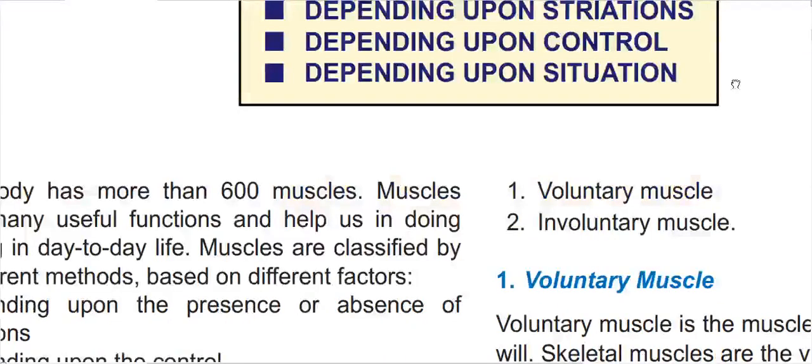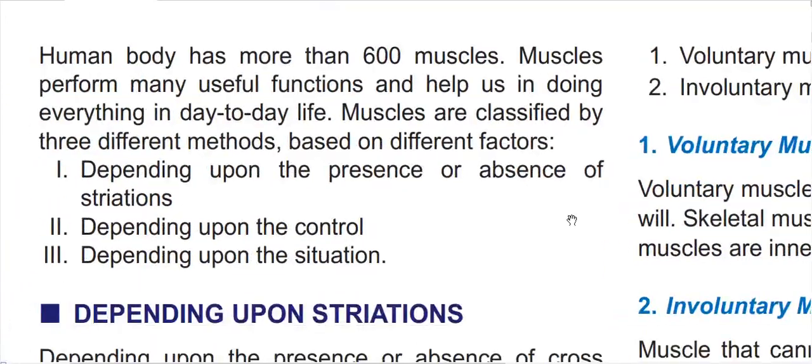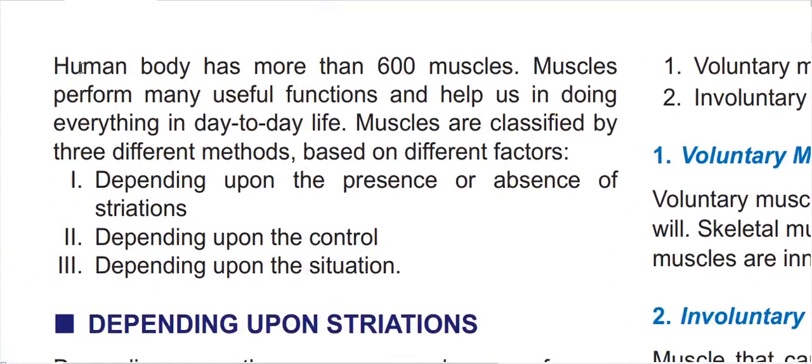So first of all, please look over here. In the human body, there are 600 muscles. Muscles perform many useful functions and help in doing everything in day-to-day life. This is just general information about muscle, that there are more than 600 muscles and they perform various functions in our day-to-day life.